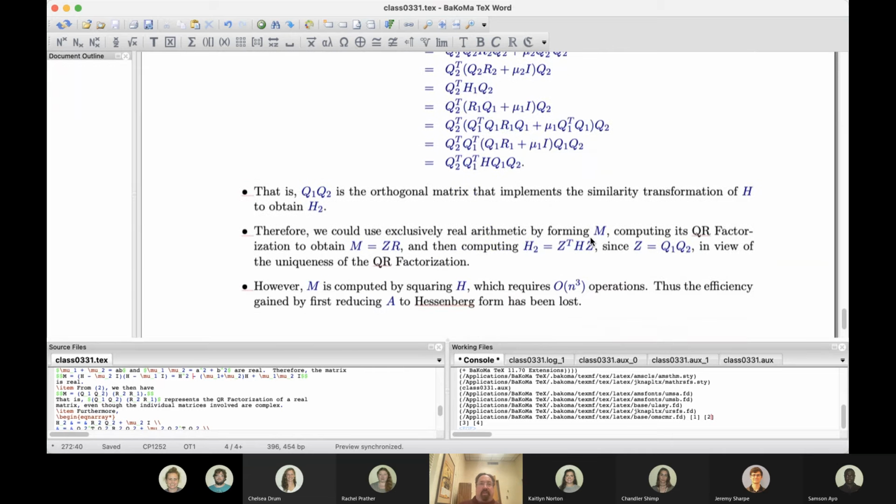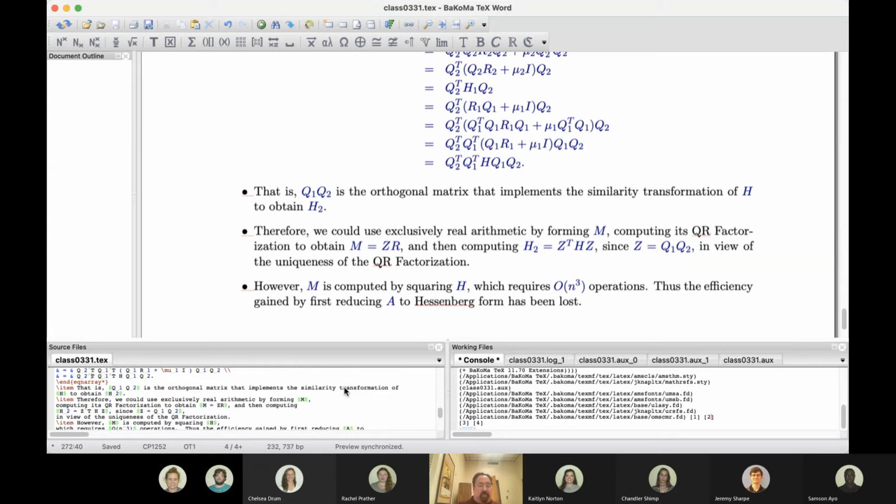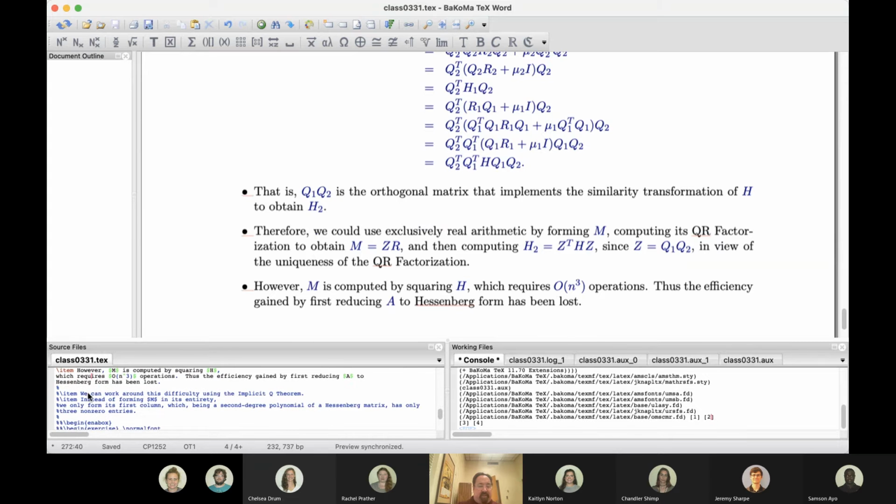To QR factorize a Hessenberg matrix and multiply the factors in reverse order is also order n squared. So now it's basically taking a step forward and two steps back. Now our iterations are made too expensive again. So it defeats the purpose of going to Hessenberg form in the first place. So we can't do that.